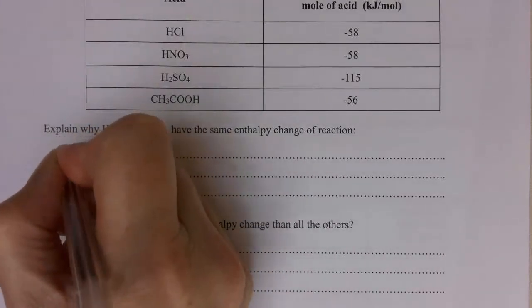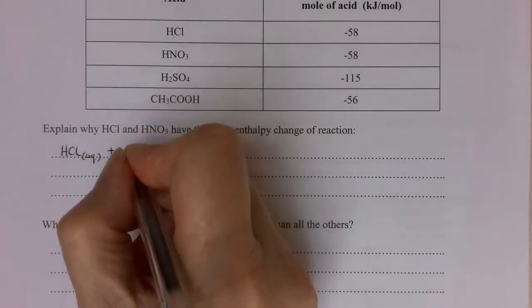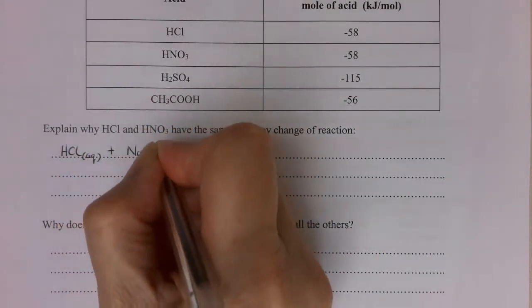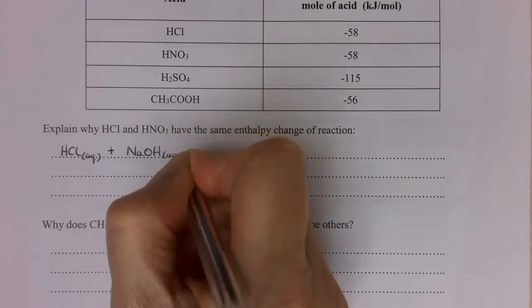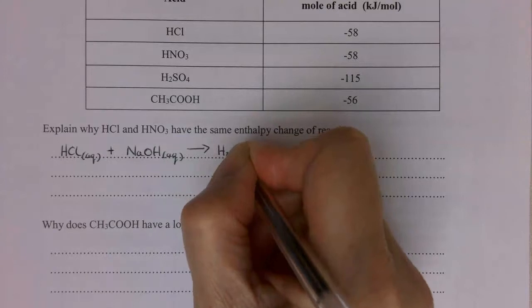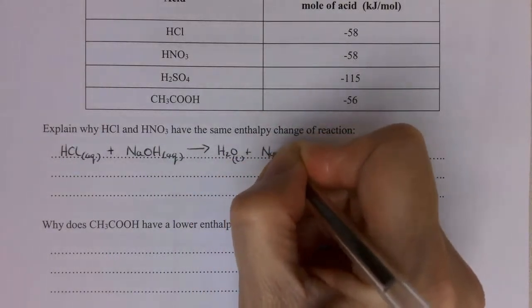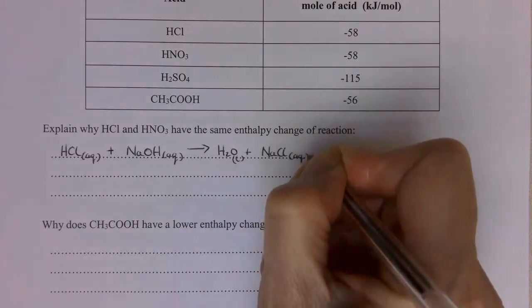So I've got HCl aqueous and sodium hydroxide, which is also aqueous, reacting together in a 1:1 molar ratio to form H2O, which is liquid, and NaCl, which is aqueous.